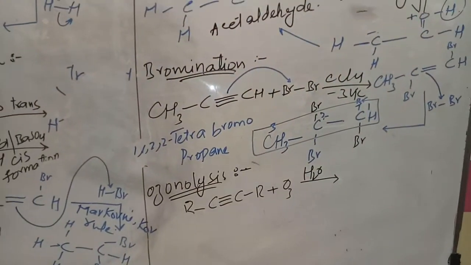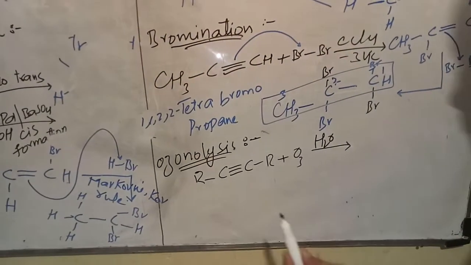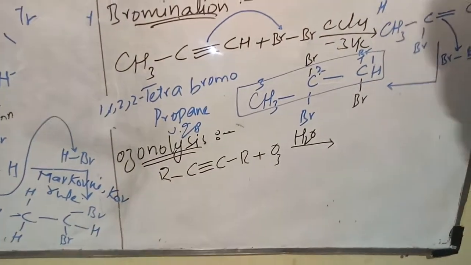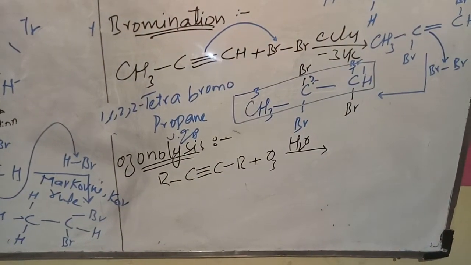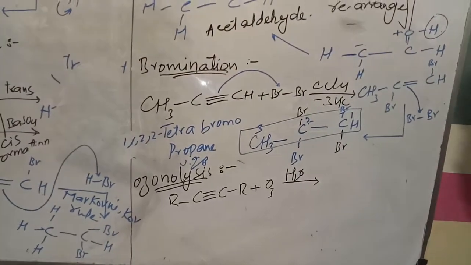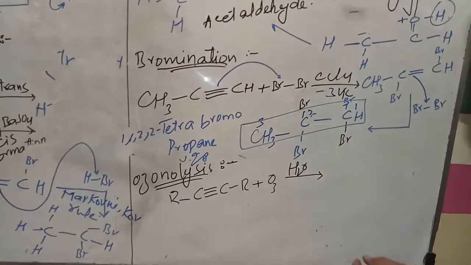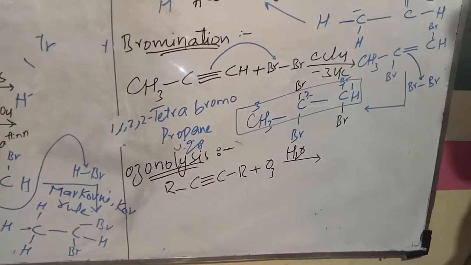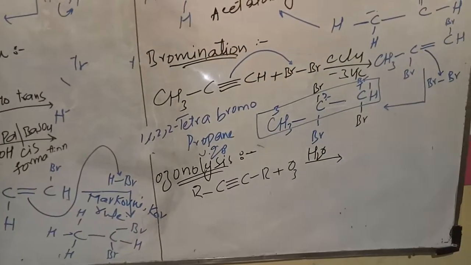Now let's come to our last section of the topic alkyne, that is ozonolysis, and it is a very important reaction to learn. Now we will discuss this by using the mechanism of the reaction. Dear students, for doing ozonolysis we use water. By reacting ozone with this water, it will create a lot of hydroxyl groups, OH groups.